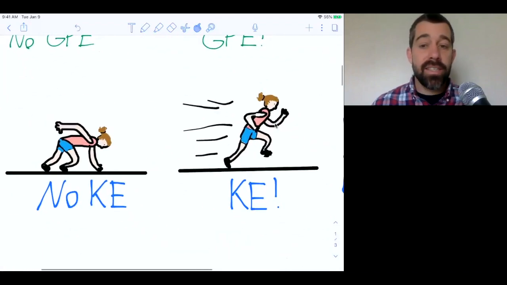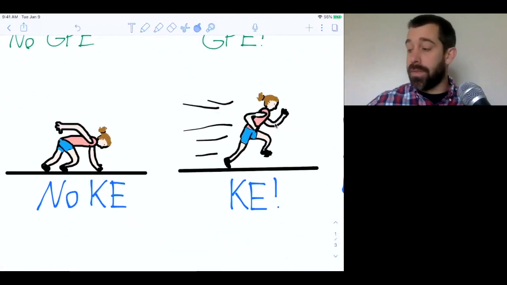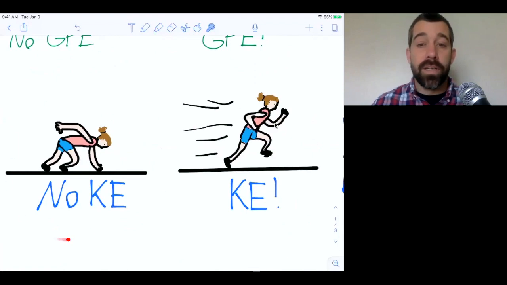Now we can look at this situation. This is talking about kinetic energy. So this runner over here, starting off in the blocks, has no kinetic energy as they are currently not moving. Whereas once they start moving and take off running, they're going to have kinetic energy because they're going to be moving. The faster they're moving, the more velocity, the more kinetic energy they will have.